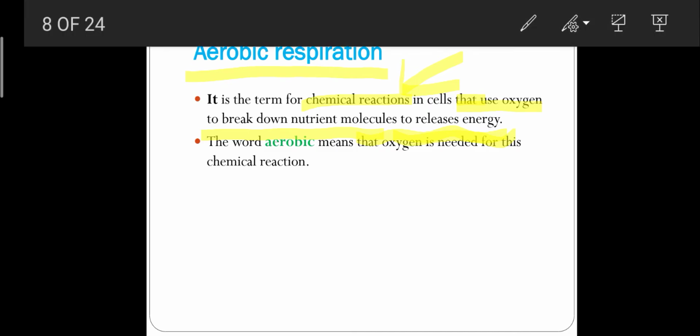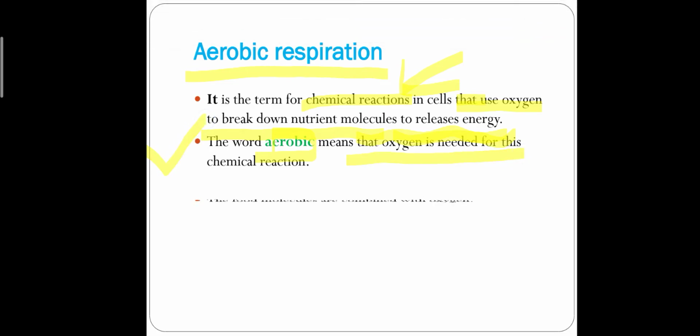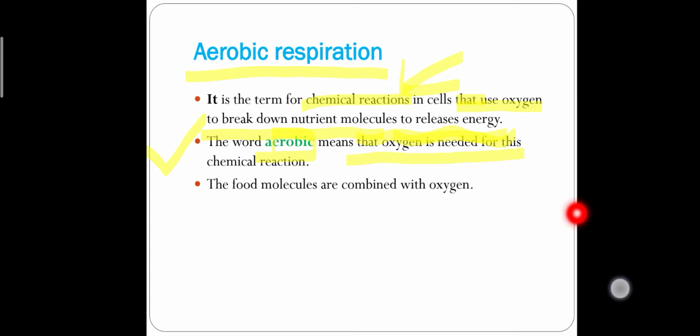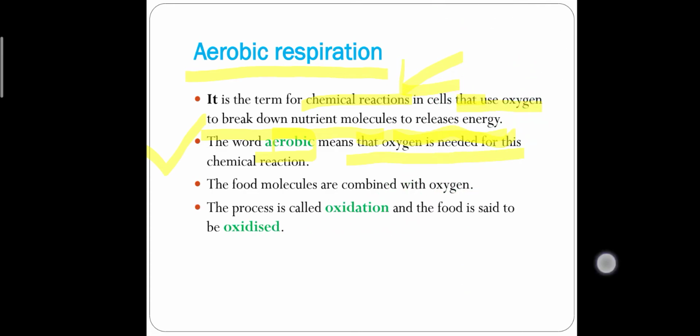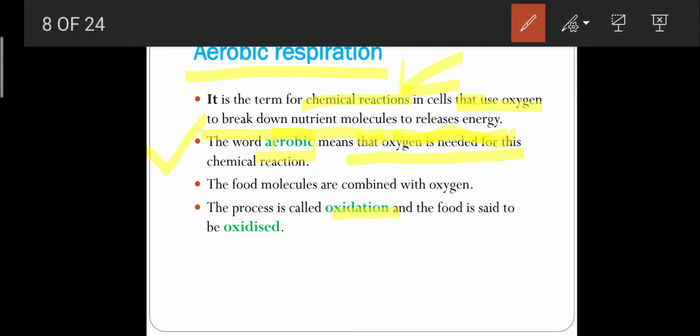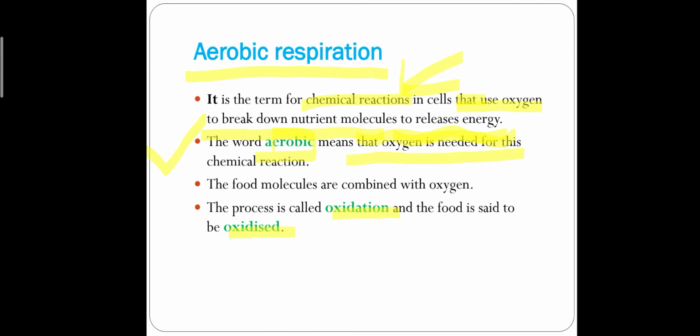As we have discussed earlier, the word aerobic means oxygen is needed for this chemical reaction. The food molecules are combined with oxygen. This process is known as oxidation and the food is said to be oxidized.